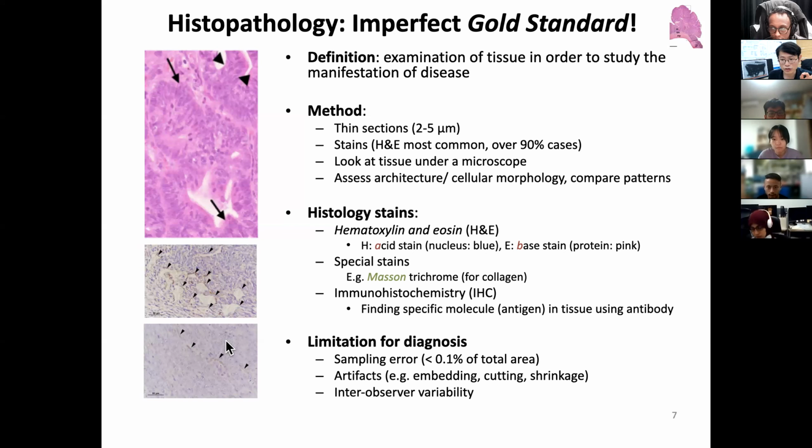Whenever you see this type of image that looks like dark brown things, these are immunohistochemistry, because these are antibody stainings, usually with horseradish peroxidase. So it's a brown pigment. I'll show you more examples.